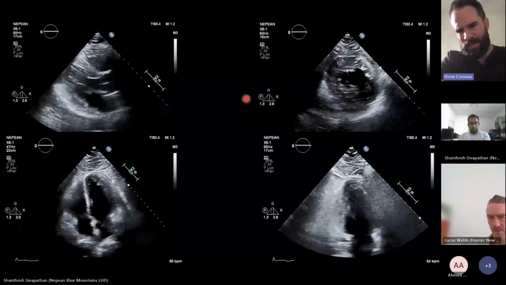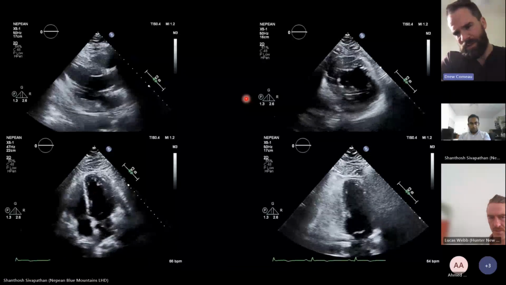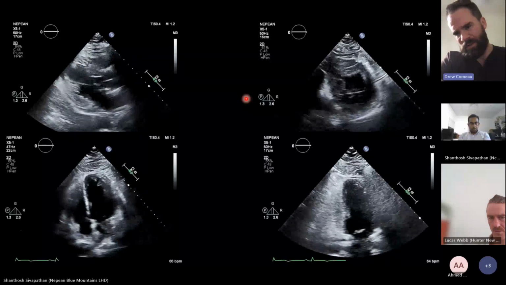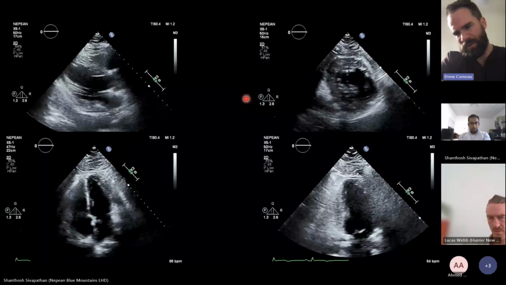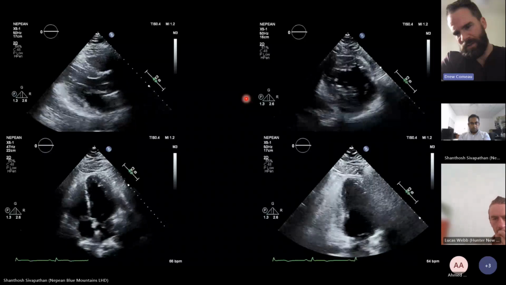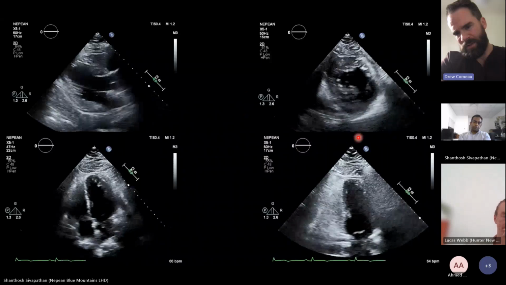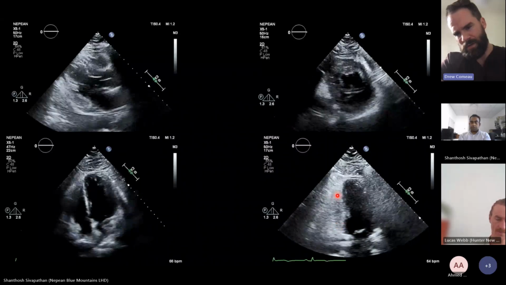And in the 2-chamber, I think clearly there's hypokinesis in the apical inferior. Froze again, but I think there was more hypokinesis in the mid and the basal inferior regions as well. Yeah, I think so.